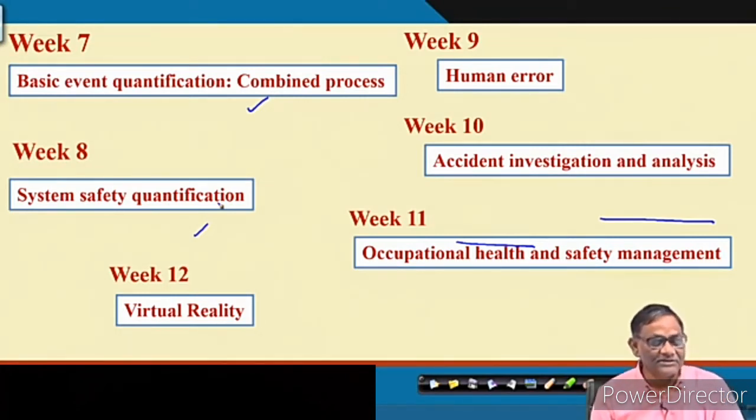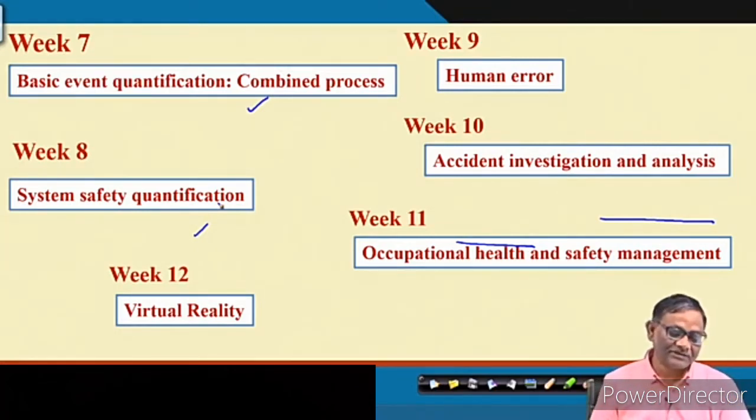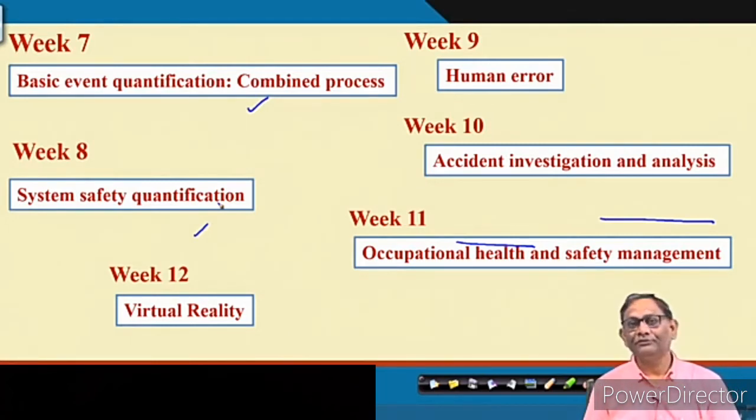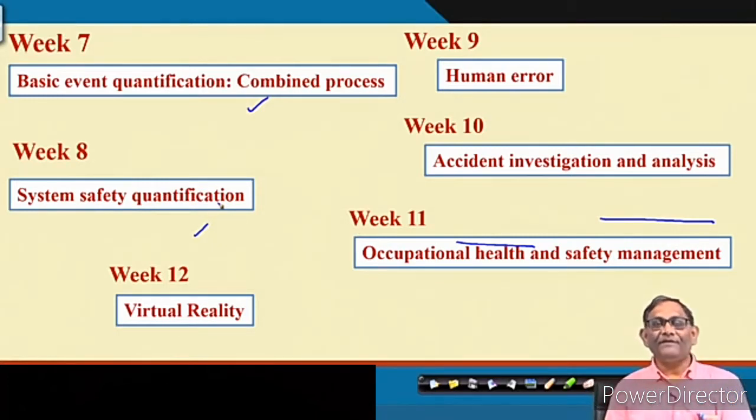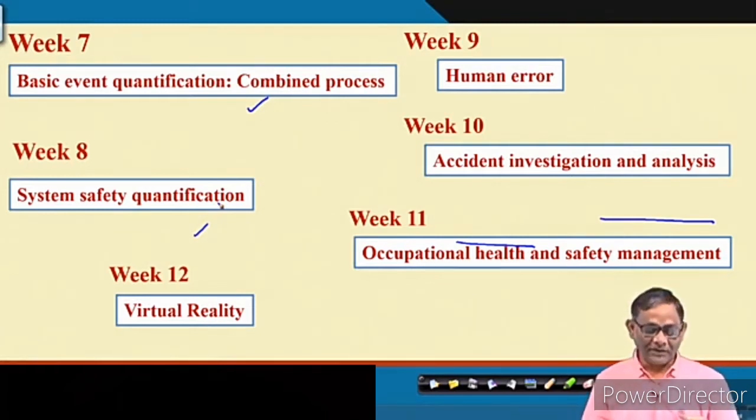Interestingly, we have taken the lecture materials primarily from the book of Kumamoto and Henley, Probabilistic Risk Assessment and Management for Scientists and Engineers, and we followed that book almost for weeks 5, 6, 7 and 8, to keep the parity so that you will not face difficulty in the flow and understanding of the things.